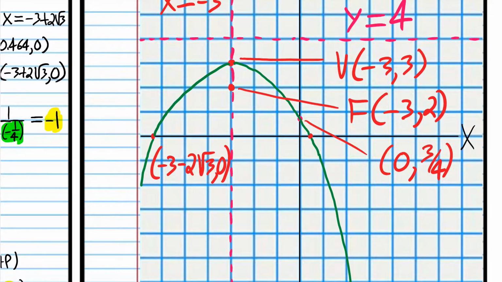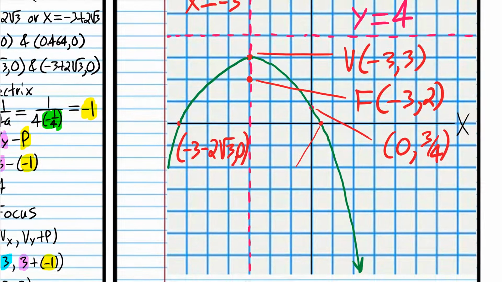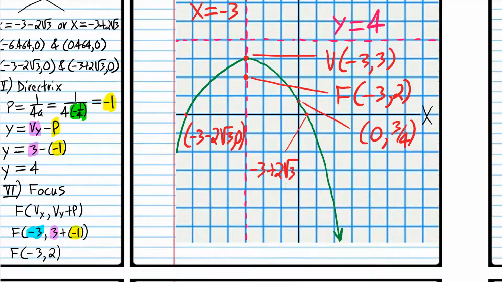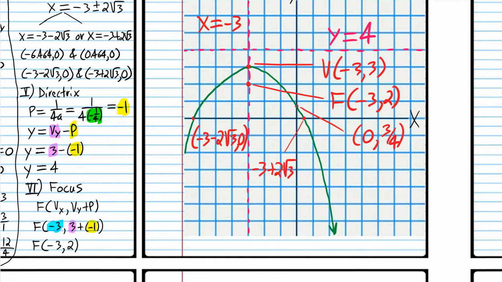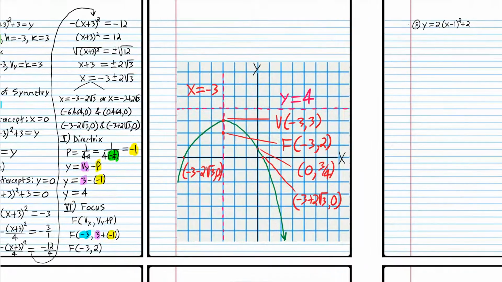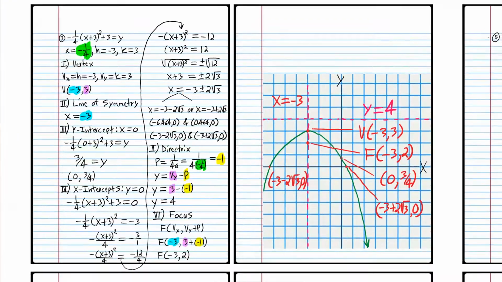And then over here we have -3 plus 2 √3, 0. And I guess I'm going to have to write that somewhere else. It is kind of a challenge to figure out how to fit all this stuff on the page. But just try your best. And looks like that's going to be it for this graph. We have all that information written there.